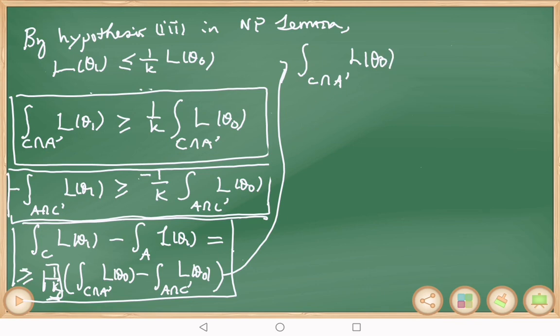We can add C intersect A and then cancel the term that we introduced. This is a useful method in proofs, right? You basically add zero: you add something and then you cancel it back.